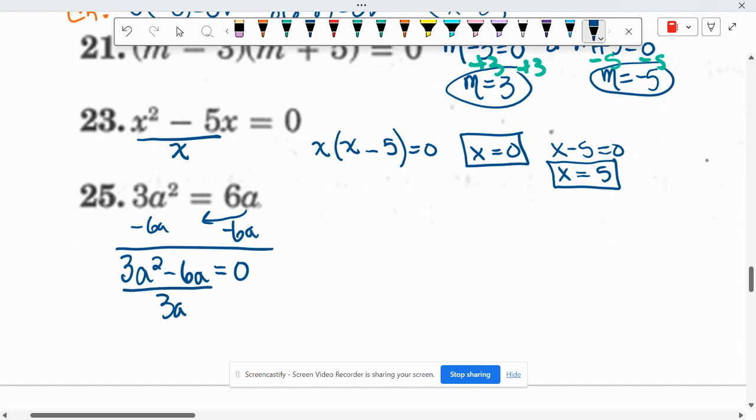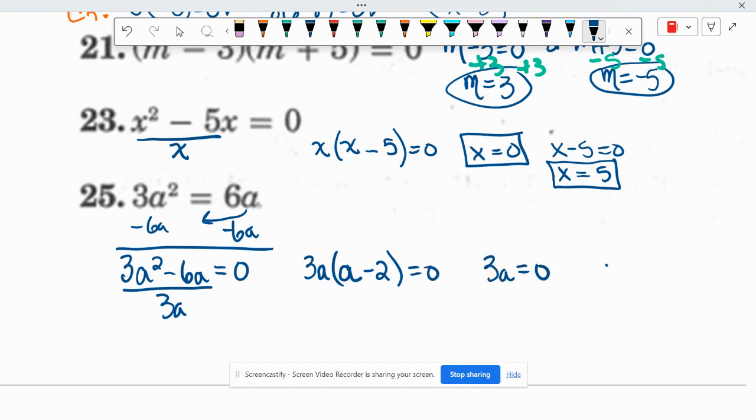3a. So I'm going to divide by 3a. So when I take out a 3a, let's see, 3a squared divided by 3a is a. -6a divided by 3a is -2. So this means that either 3 times a equals 0 or a minus 2 equals 0.